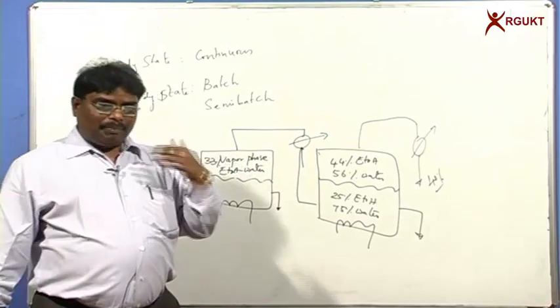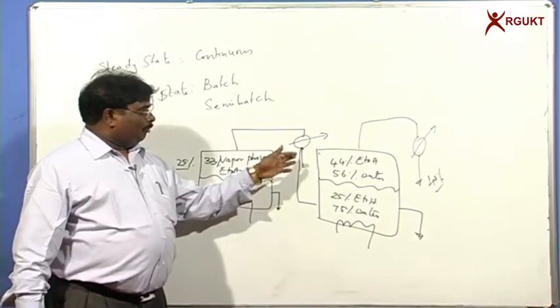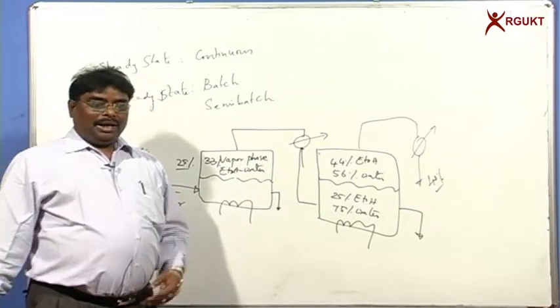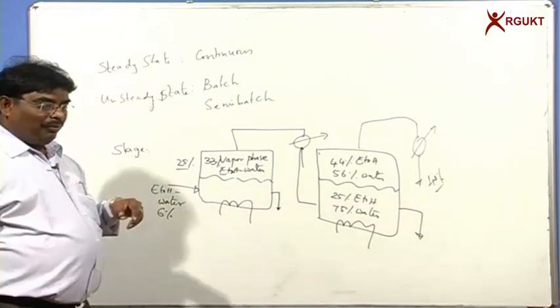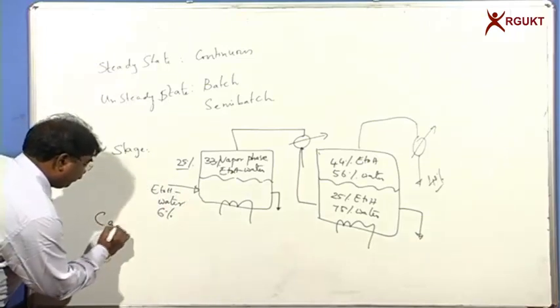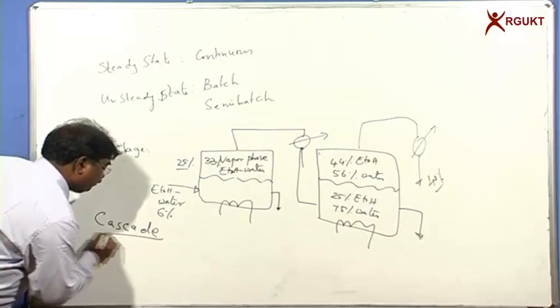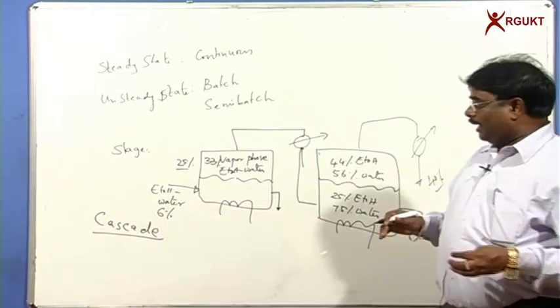But in real processes, because of energy conservation and other things, we cannot do this sort of thing, and there we have to go for a continuous process, or a system called a cascade system, where a series of stages are combined together.